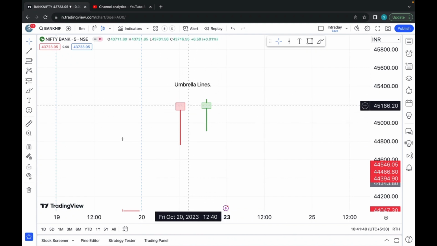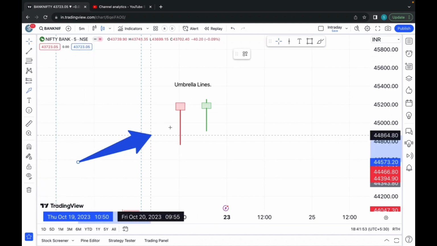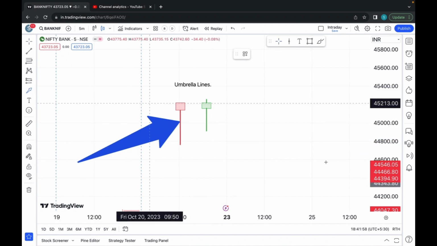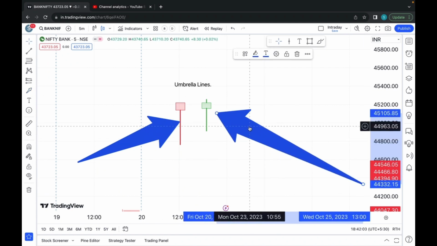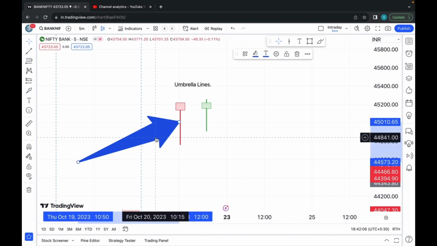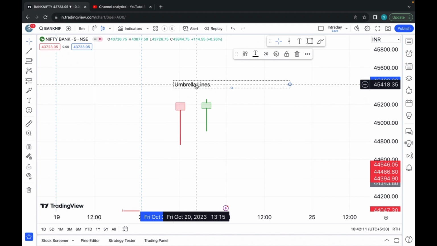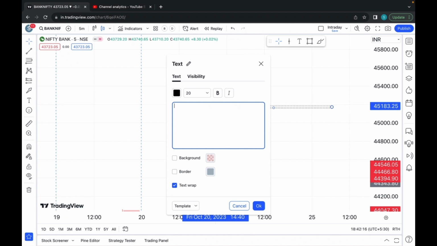Now, depending on where this umbrella line is coming in a price chart, depending on where these two candles are coming, based on that we can call this a hammer, and there's something called a hanging man.